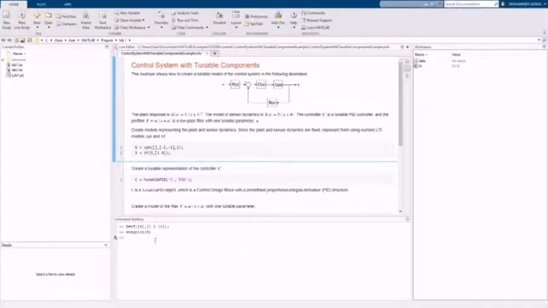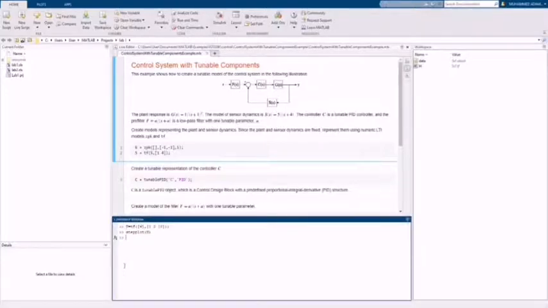Besides that, we can get these parameters using the command data equals stepinfo H. Okay, enter, and we get this data in numericals.